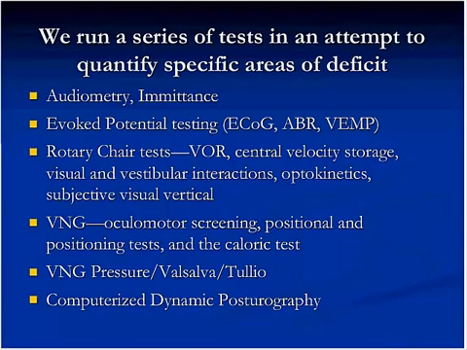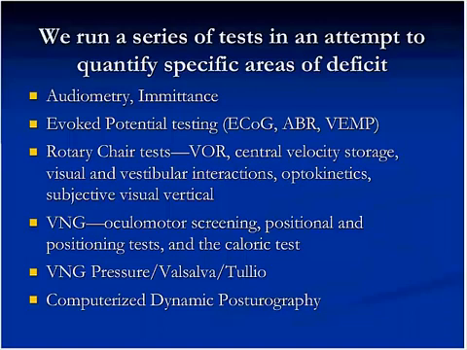We look at evoked potential testing, which includes electrocochleography, auditory brainstem response testing, and vestibular evoked myogenic potentials. We do rotary chair tests. We're looking at the vestibulo-ocular reflex, central velocity storage, visual and vestibular interactions, optokinetics, and subjective visual vertical testing. I'll be going through this later, so I'm just throwing the terms out there now.